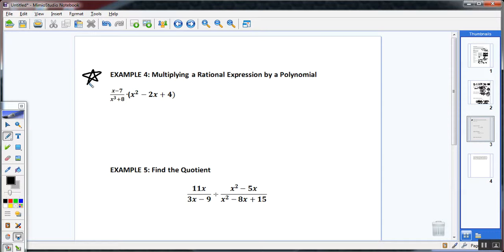This is going to factor into the following. It'll factor into x plus or minus a times x squared minus plus 2ax plus or minus a squared.